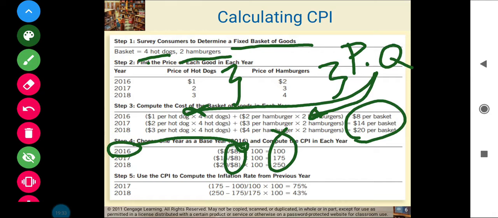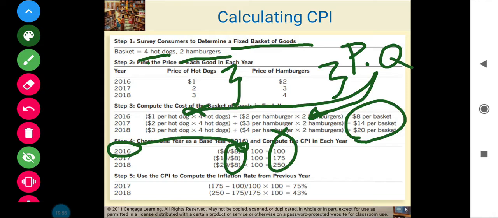After we get the value of CPI, we compute the inflation rate from the previous year. Because 2016 becomes the base year, we don't compute the inflation rate for the base year.